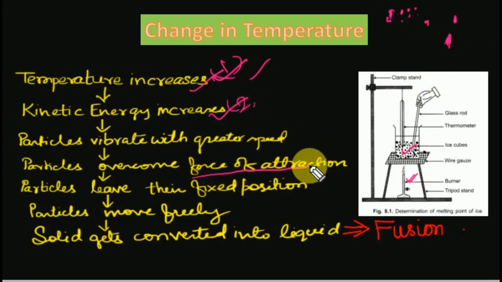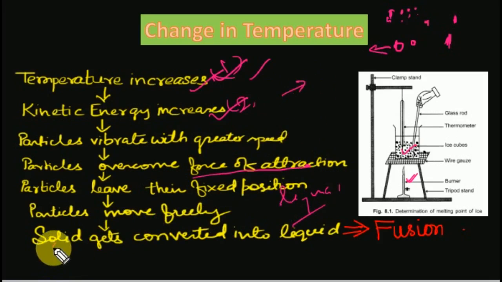Particles will overcome the force of attraction, leave their fixed position, start moving, and move freely. As we know, liquid particles move freely, as do gas particles, but here, when they leave their fixed position, the next step is the liquid.